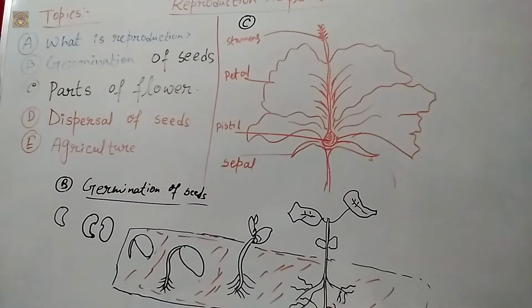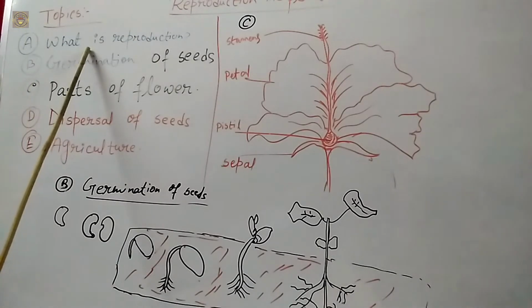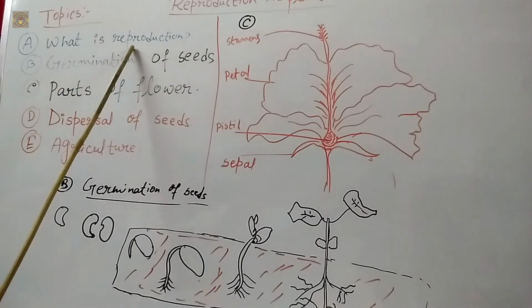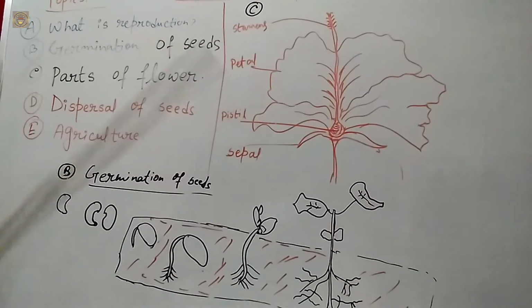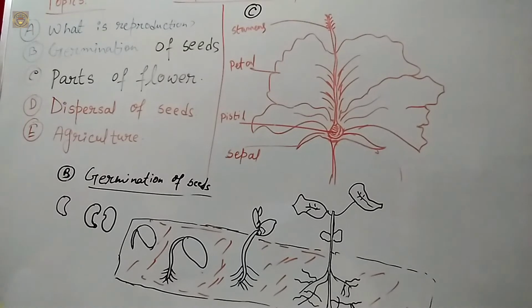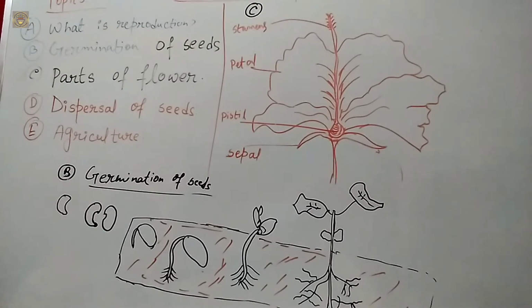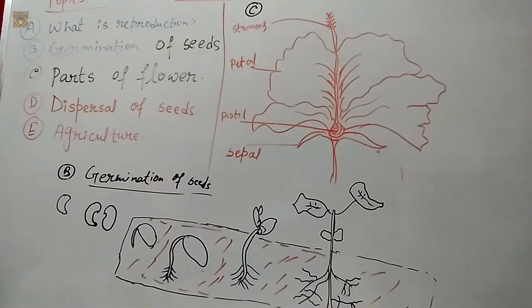In this chapter, the first question that arises in our mind is, what is reproduction? All living things have a limited lifespan and die sooner or later. So they produce young ones like themselves during their lifetime so that their species may not die out.